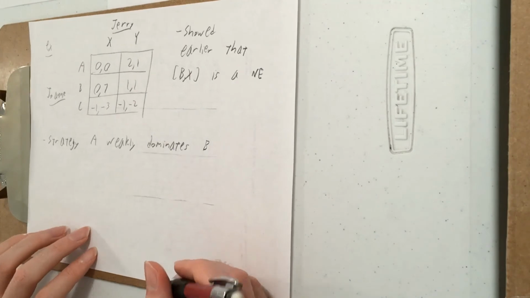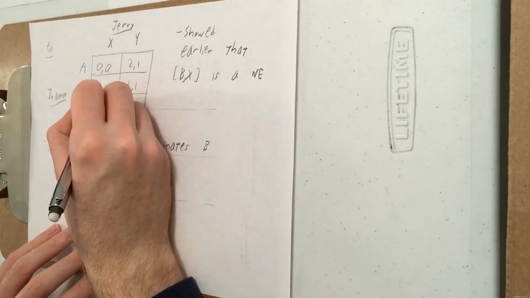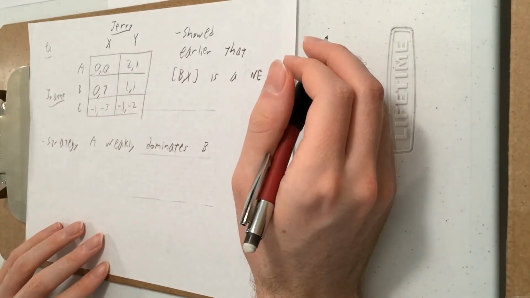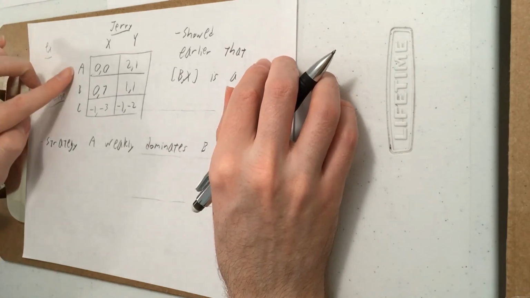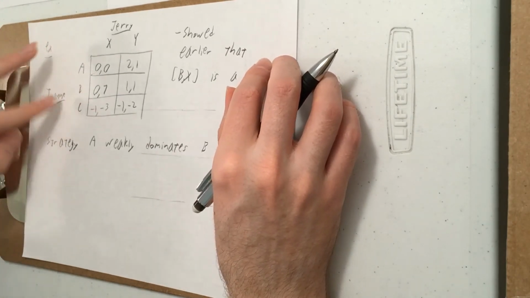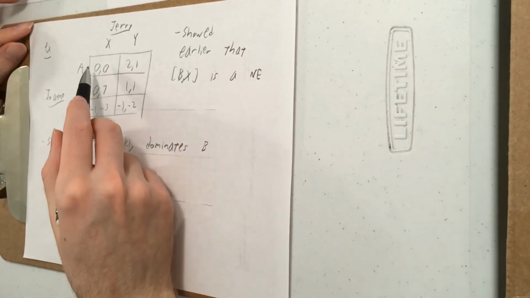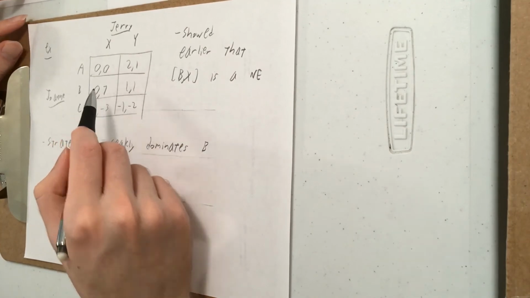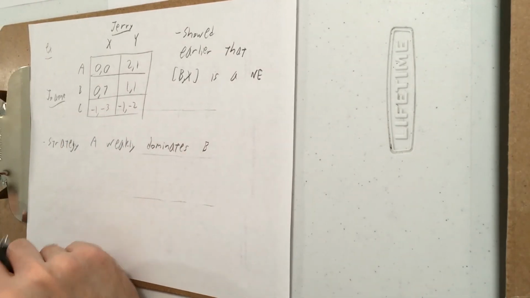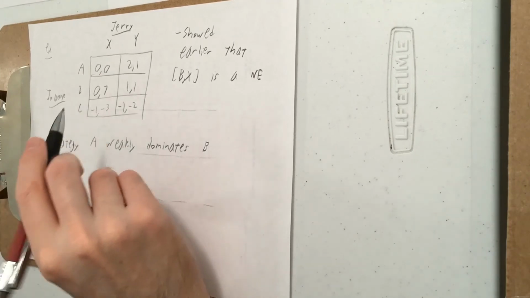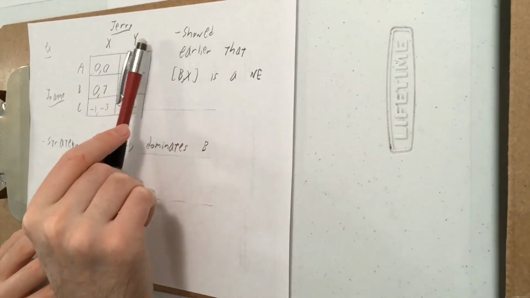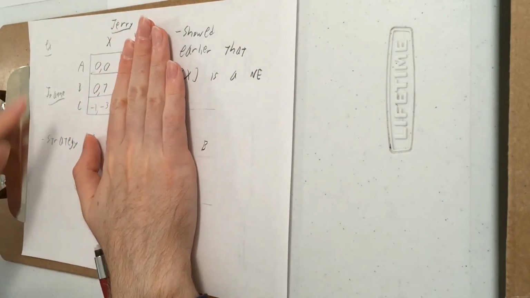So, as always, the row player's payoffs always come first. Joanne is here on the rows picking row A, B, or C. So Joanne cares about these first numbers in the table. So if Jerry is picking X, we're going to be over here.